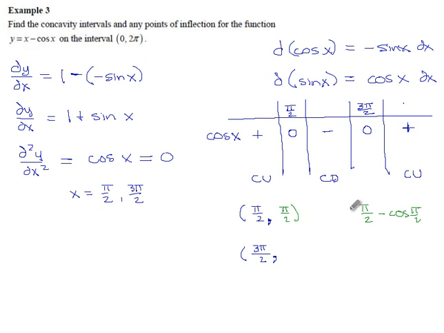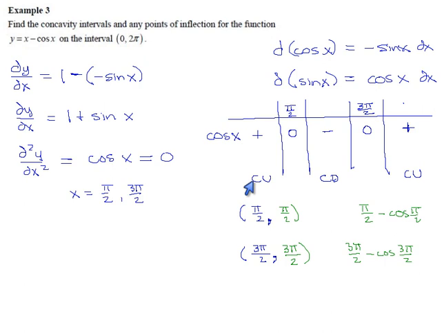And I guess that'll happen again for this other one. Our y-coordinate is going to be x minus the cosine of x. But again, cosine 3 pi by 2 is cosine 270 degrees, so it's 0. So our y-coordinate comes out to be just 3 pi by 2.